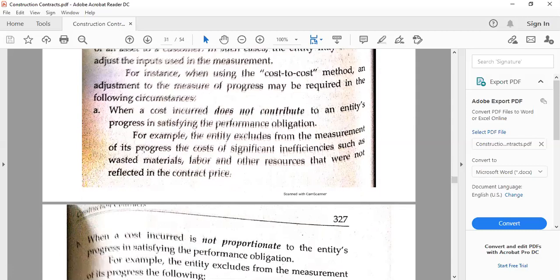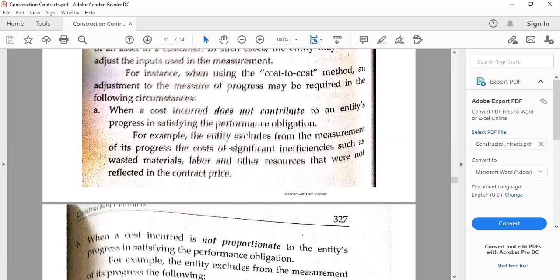First, when a cost incurred does not contribute to an entity's progress in satisfying the performance obligation. Remember we said that only the costs which are directly related to the constructed asset, that will enable it to reach completion for the purpose intended by the management, have to be included.